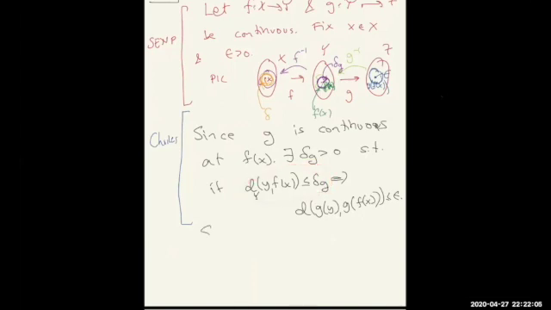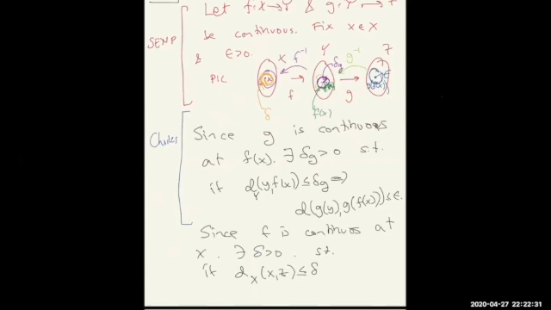So since f is continuous at x, then there exists a delta positive so that if the distance in the X side between x and y is less than or equal to delta, maybe we should use it. It doesn't hurt to use the same y, but let's put a z there.